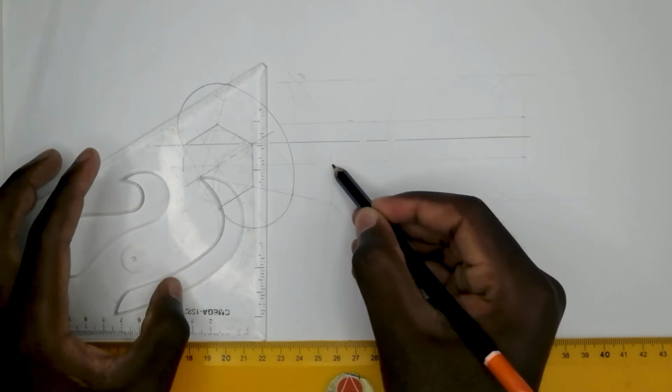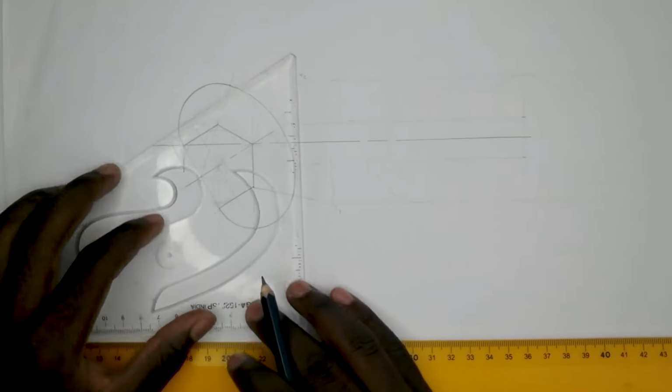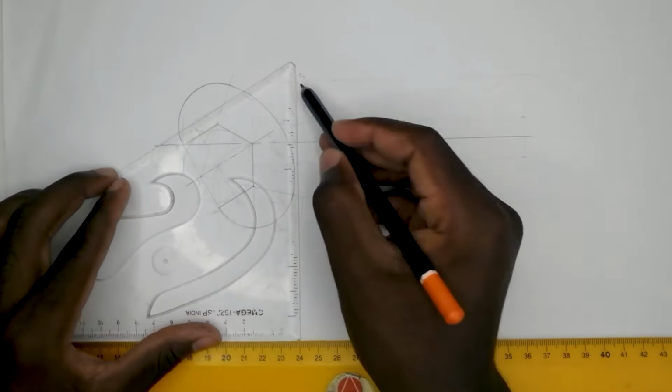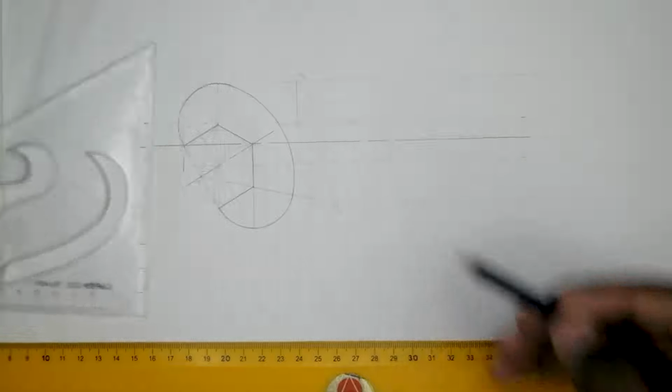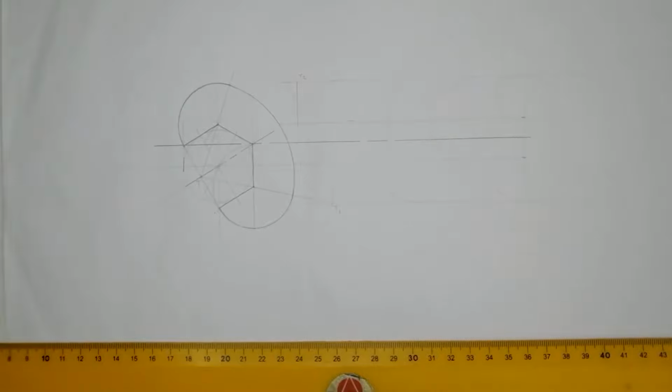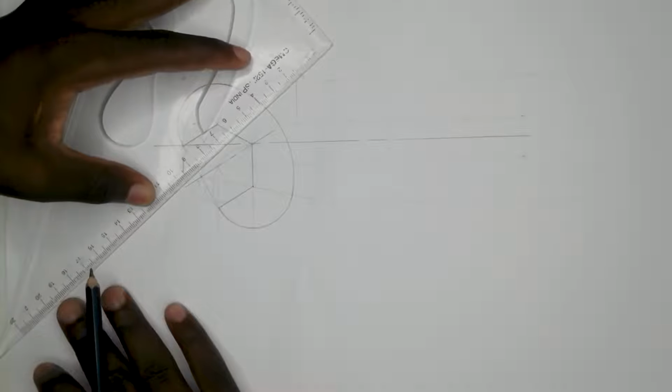So the angle here is 90 degrees. We'll do the same at the top in advance with our set square. So from T2, this is where our tangent is supposed to come and touch. And then on this part here, we need to draw a line from point T to point T2.